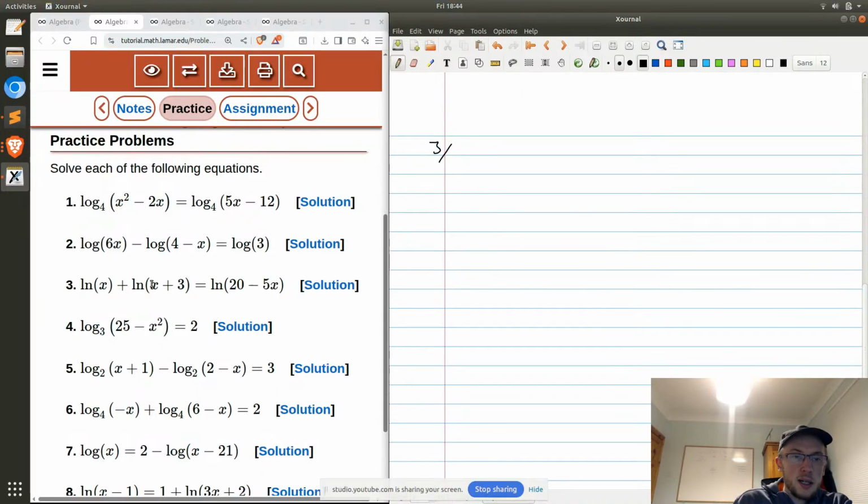So I'm adding a pair of logarithms now, and therefore I'm multiplying the arguments. So ln of x times x plus 3 equals ln of 20 take 5x. And so now I just equate the arguments.